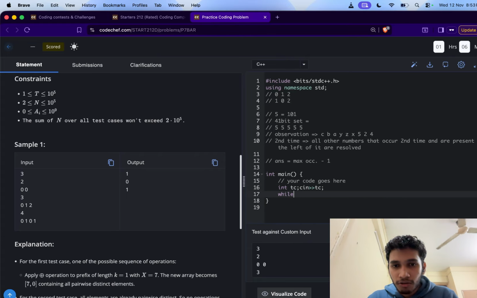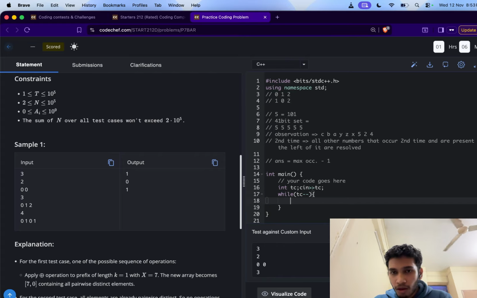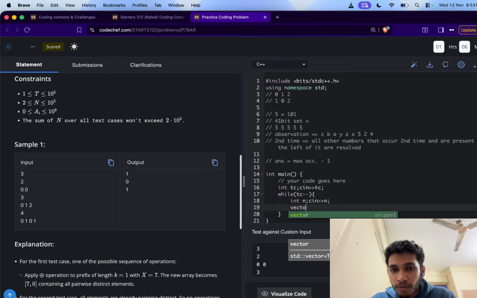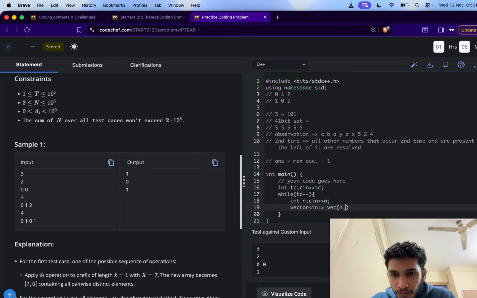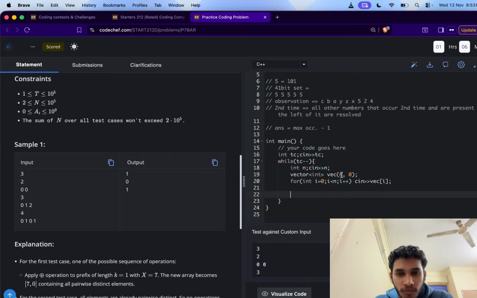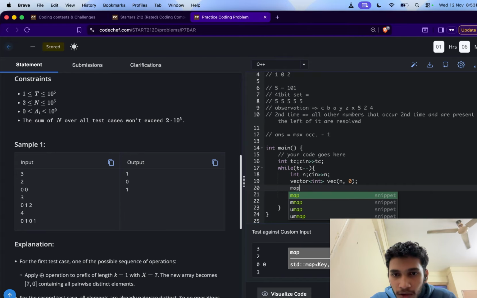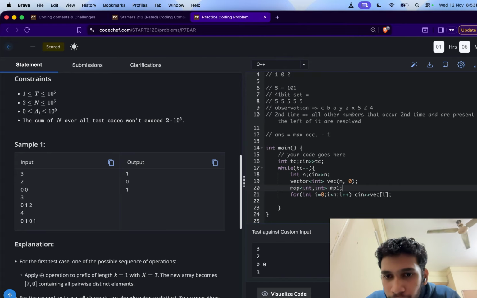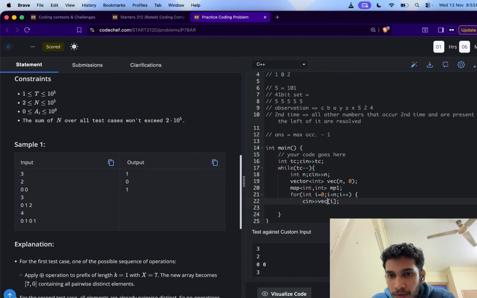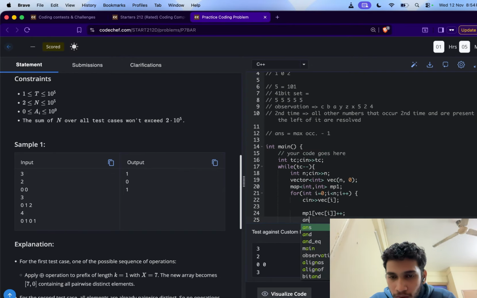Let's just write it down in the form of code. Let's create a while loop multiple times. Let's create a map. What is the answer?